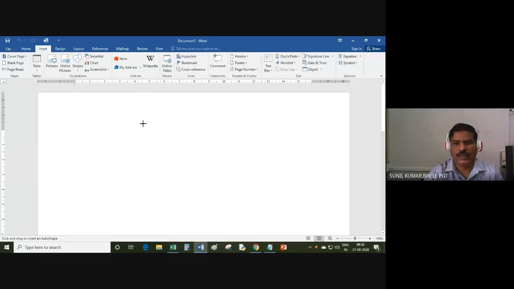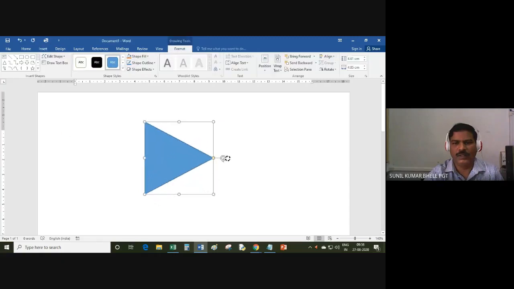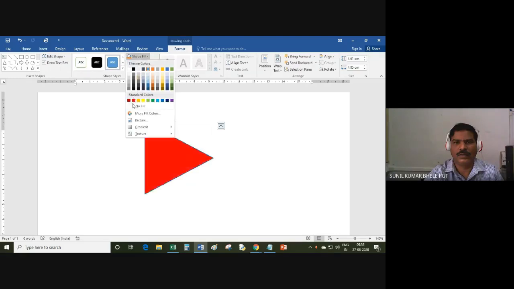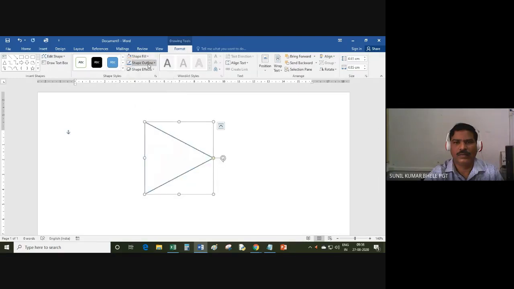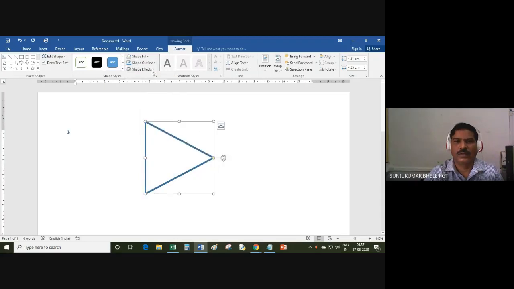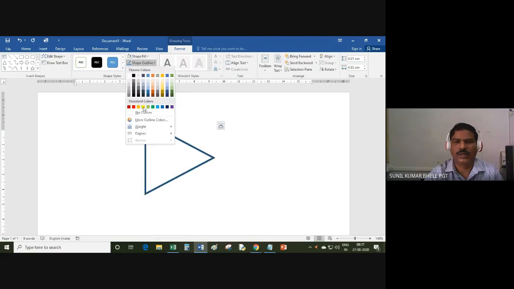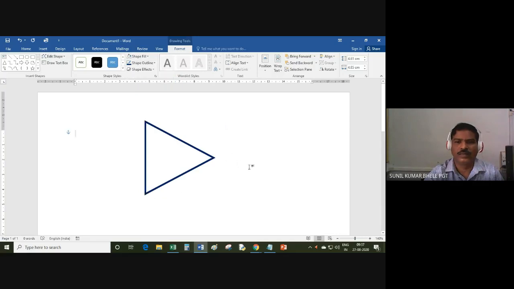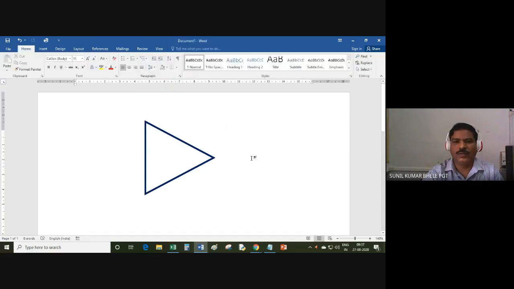We'll rotate this shape like this. So this is the symbol of the NOT gate.